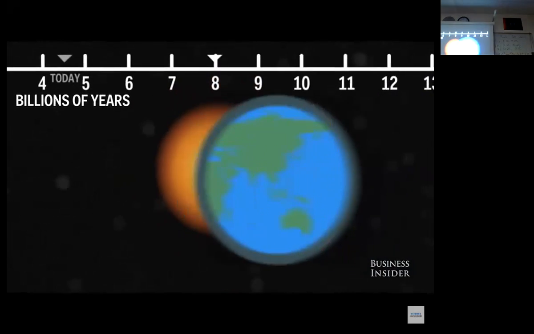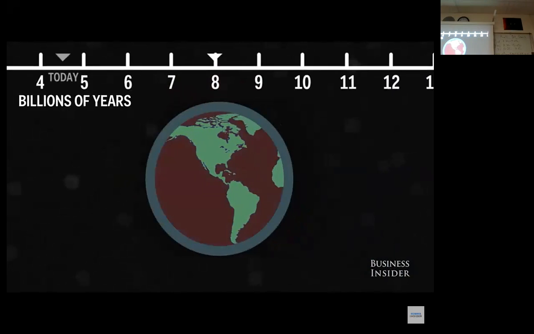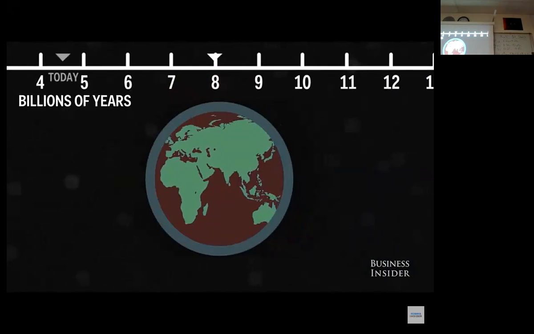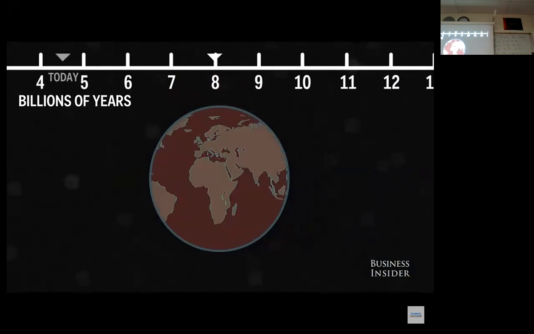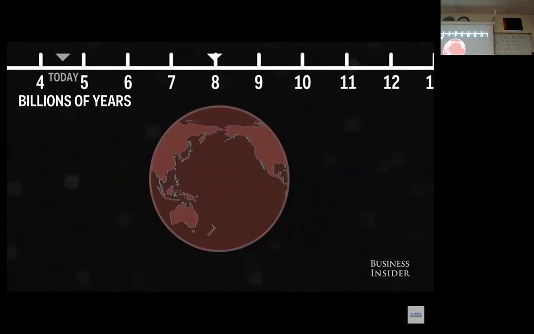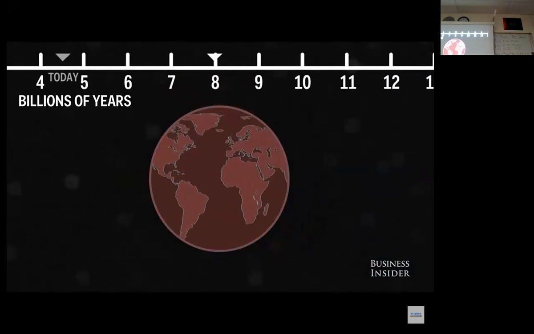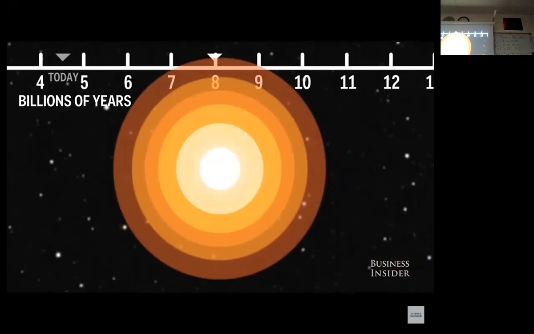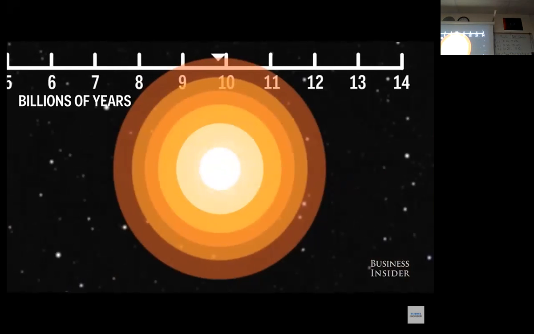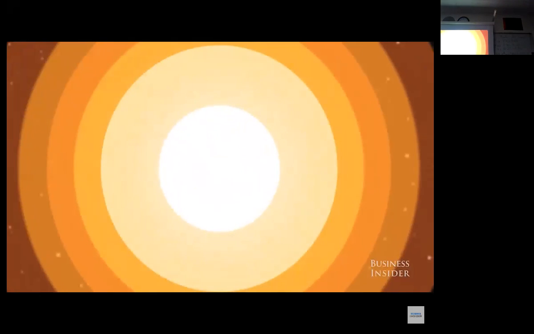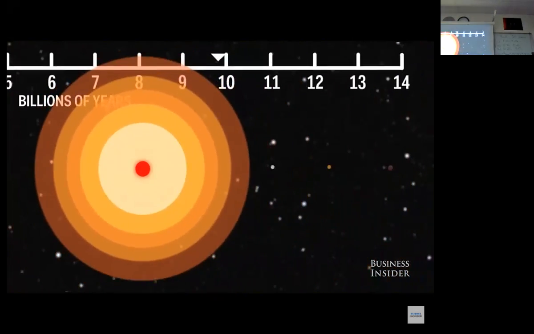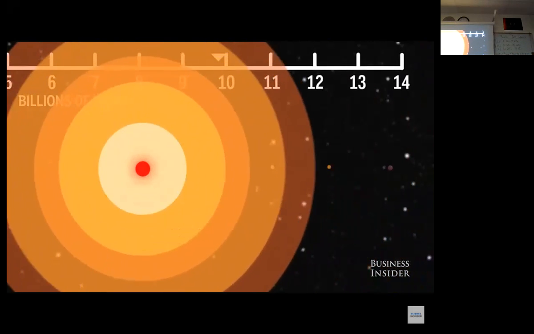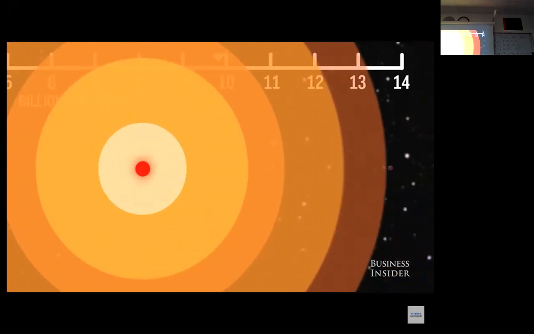At this point, Earth's oceans will boil, and the ice caps will permanently melt. All the moisture in the atmosphere will be lost. Life will not likely survive, and Earth will become brutally hot and dry, like Venus. After that, the situation gets worse. 5.4 billion years from now, the sun will exhaust all hydrogen in its core. The core will heat up and get extremely dense, but the sun's outer layer will expand a lot. It could expand big enough to swallow Mercury, Venus, and maybe even Earth.